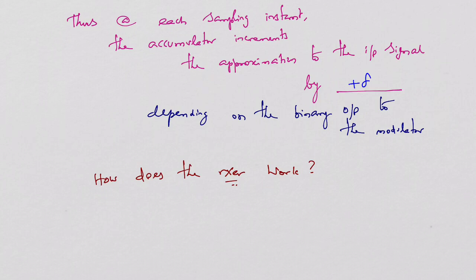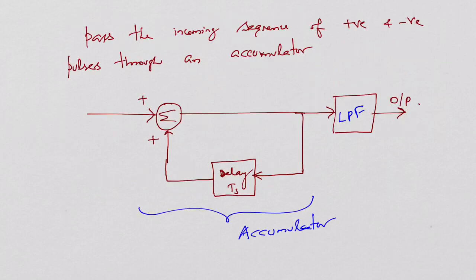So how does the receiver work? It's so simple. We have to pass the incoming sequence of positive or negative pulses through the accumulator. It looks similar to that of the transmitter side accumulator. What is the input to it? The input will be, let me say this is the input, and both of them are going to be added together and it's going to produce an output.